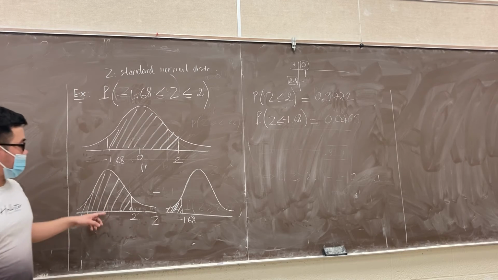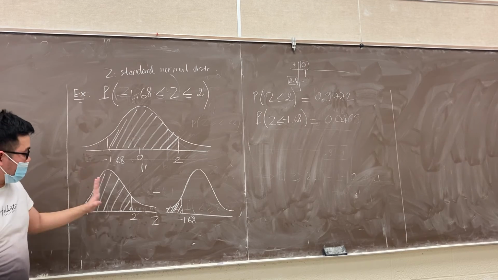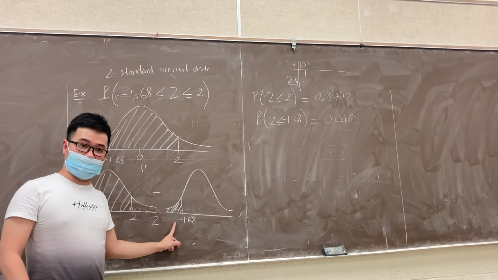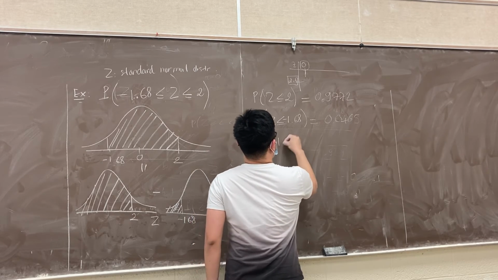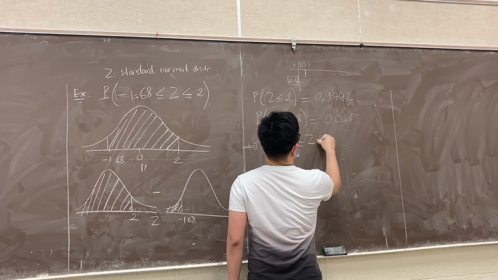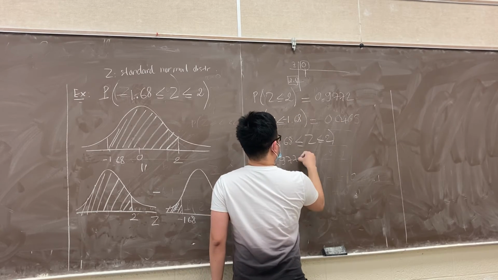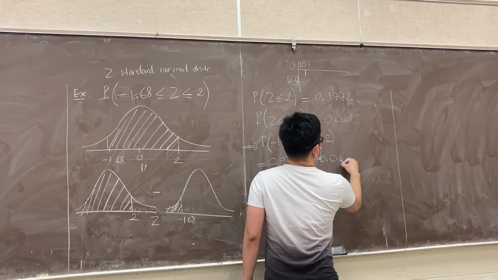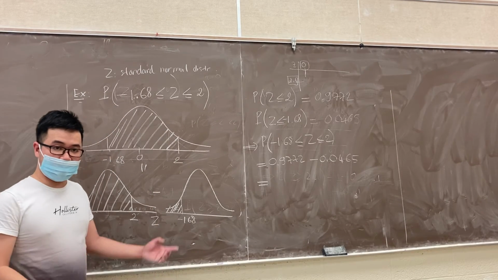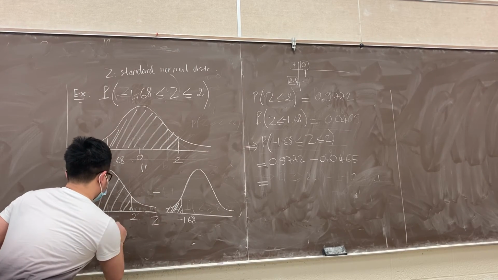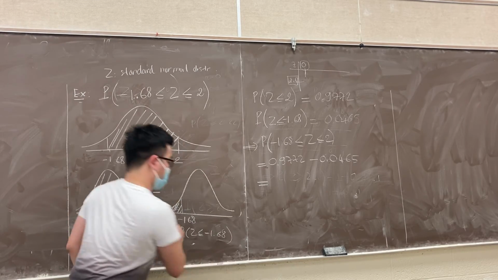So you look at the region here. The area of this region is equal to the area of this region minus the area of this region. So the probability of Z from negative 1.86 to 2 is equal to the probability of Z less than 2 minus the probability of Z less than negative 1.86.